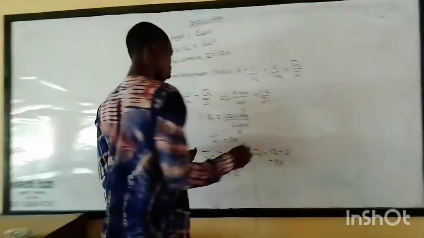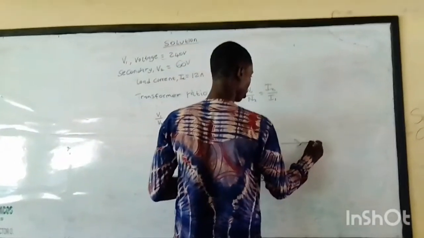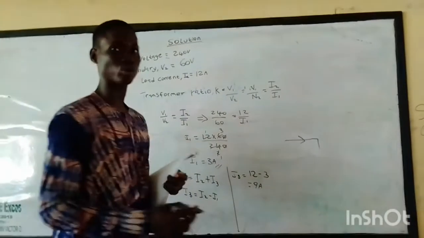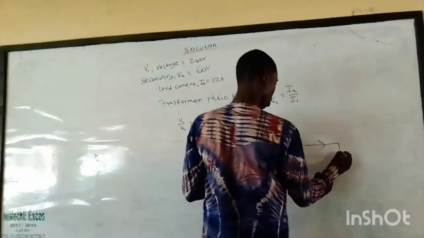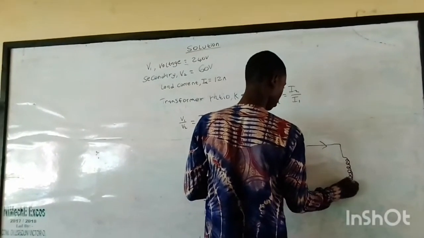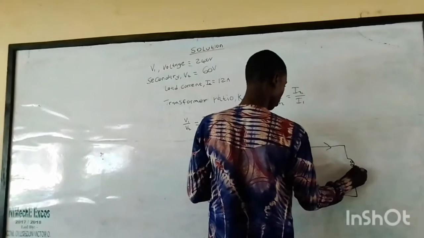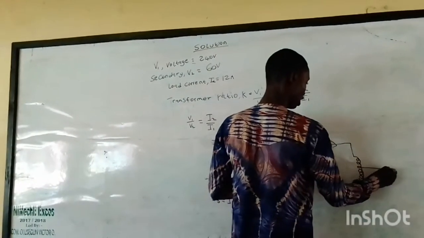Okay, so it will take this kind of form. The work of an autotransformer is that you have to power smaller machines, smaller motors, so smaller loads. Then from here, we have a load.